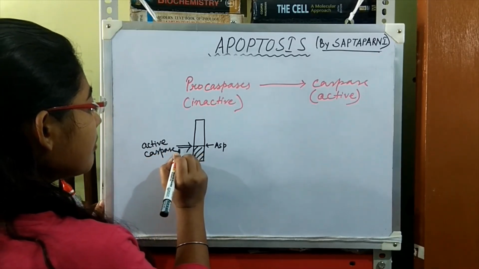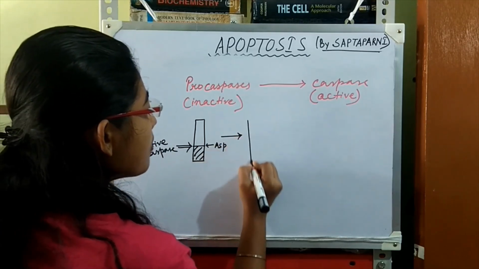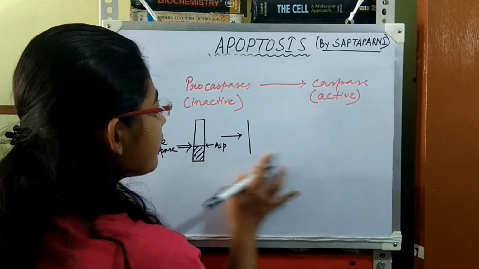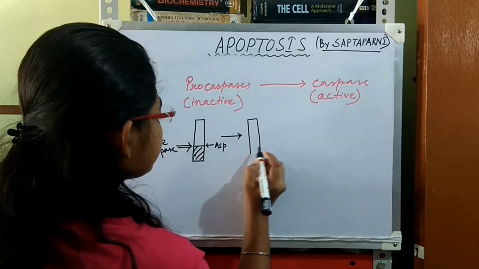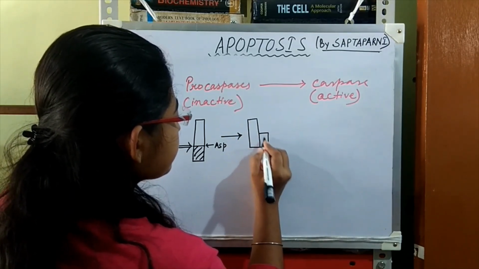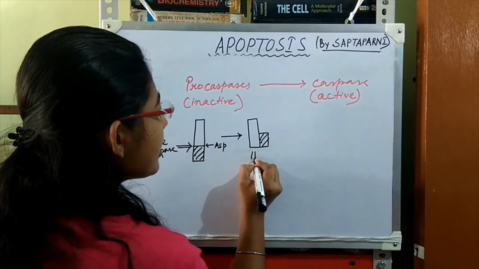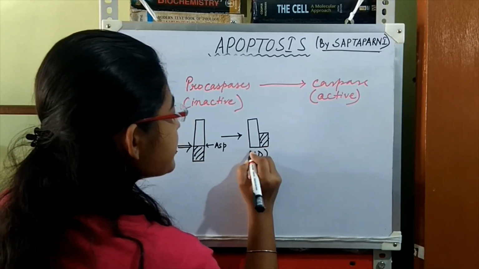By the proteolytic cleavage of this procaspase, it will form a heterodimer like this. From this point, it will be cleaved and form a heterodimer, HD.